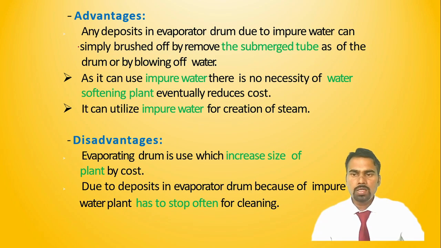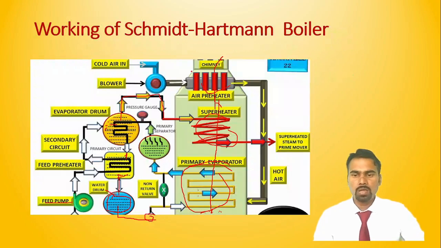So the first point is, any deposits in the evaporator drum due to impure water can simply be brushed off by removing the submerged tube edge of the drum or by blowing off water. What is the meaning of this? In this diagram you can see this is an evaporator drum. Here we are sending the saturated mixture of water and water vapor.